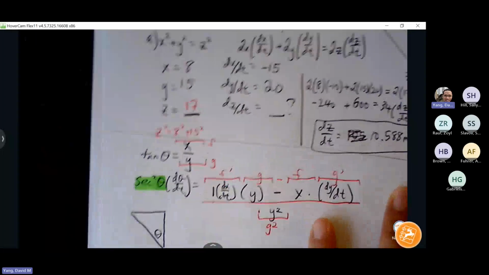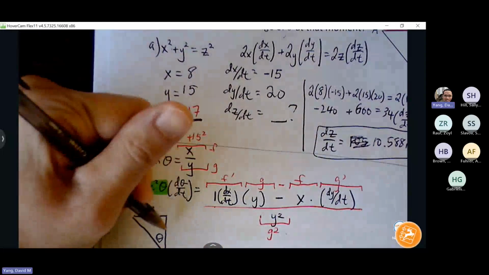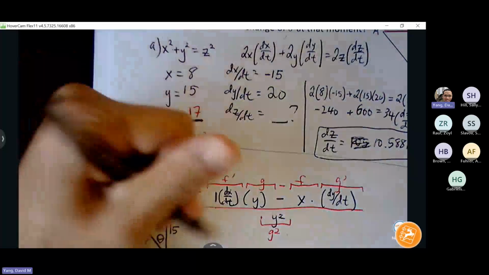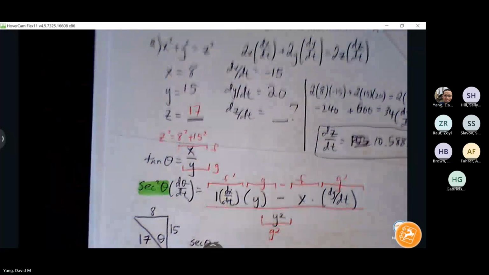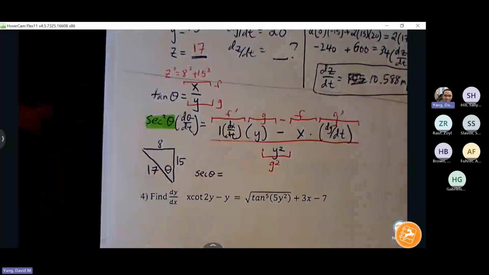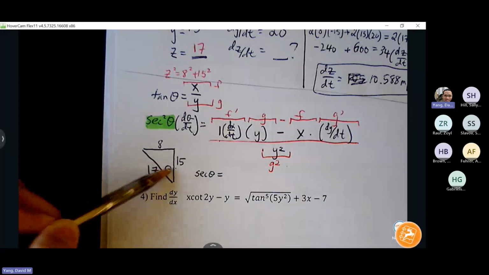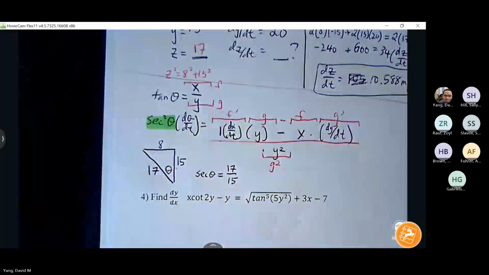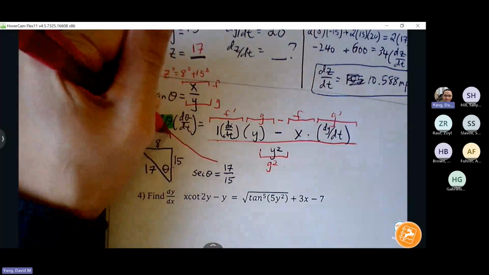At this moment in time, we know x is 8, y is 15, z is 17. So secant of theta must be hypotenuse over adjacent. It's the reciprocal of cosine. Cosine will be 15 over 17. Secant will be 17 over 15. So we will take this, put it in here.